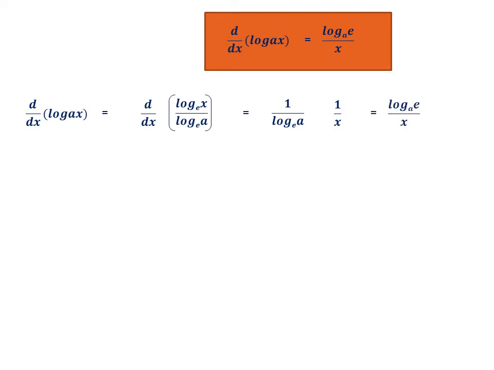Therefore the formula is, now log a to the base e you can take above, change of base, it becomes log e to the base a divided by x. So this you can remember as a formula. For example, let us take d by dx of log x to the base 5. So this will be equal to log e to the base 5 divided by x. So this is the result. So these two important results you have to remember.